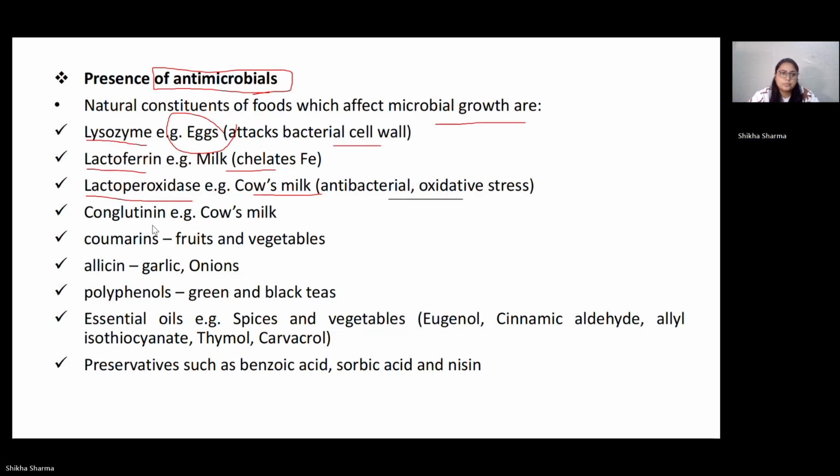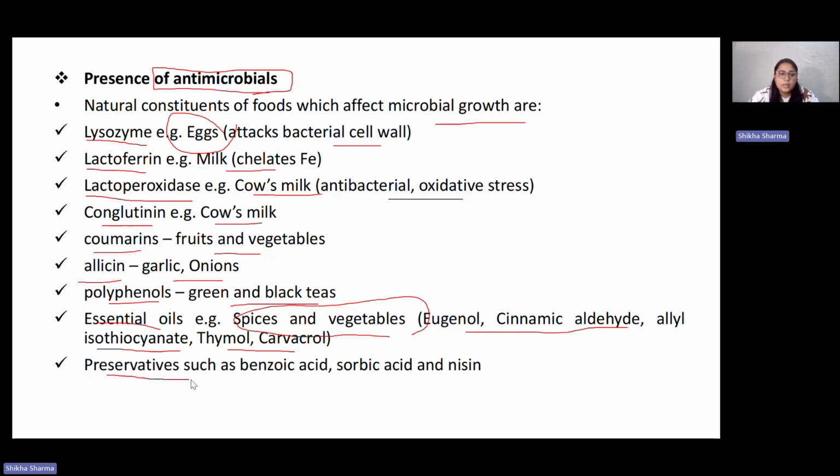Then glutenin is also there in cow's milk. Then coumarins are present in fruits and vegetables. Then allicin in garlic and onion, and polyphenols in green and black teas. Then essential oils are there in some spices and vegetables, like eugenol, cinnamic aldehyde, allyl isothiocyanate, thymol, and carvacrol.